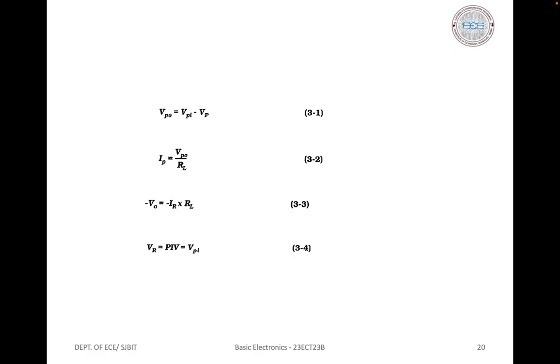Thus, the peak reverse voltage or peak inverse voltage applied to the diode is VR = PIV = Vpi. The average and RMS values of the half wave rectified waveform can be determined as Vo average = 0.318 Vpo and Vo RMS = 0.5 Vpo.